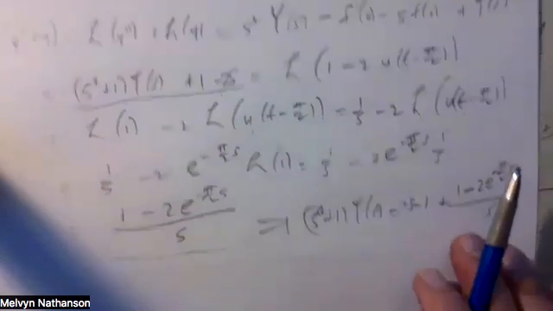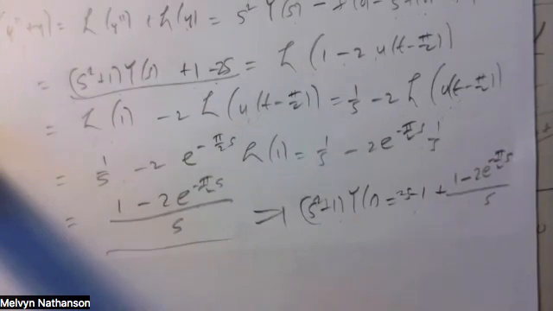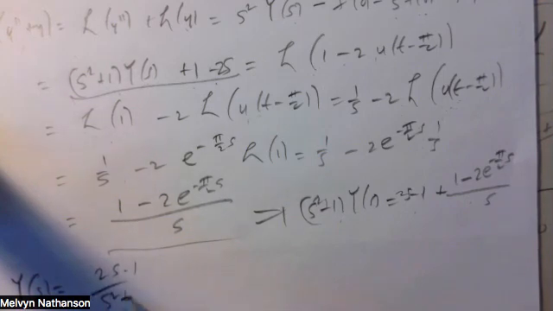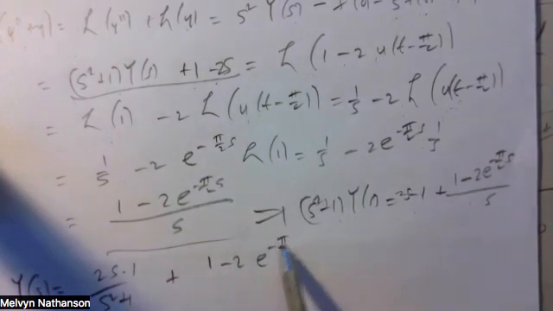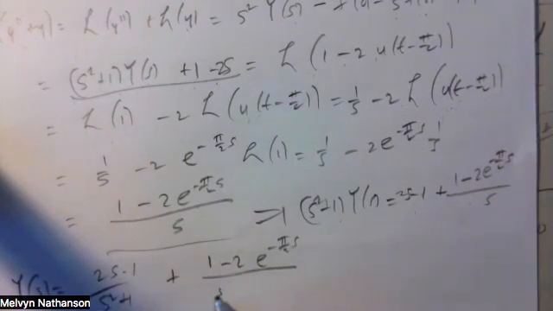So s squared plus 1 times Y of s is equal to this, which means Y of s, the Laplace transform of my solution, is 2s minus 1 over s squared plus 1 plus 1 minus 2 e to the minus pi over 2s over s times s squared plus 1.